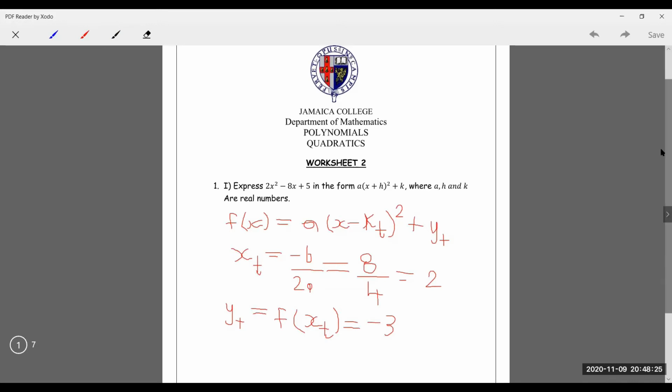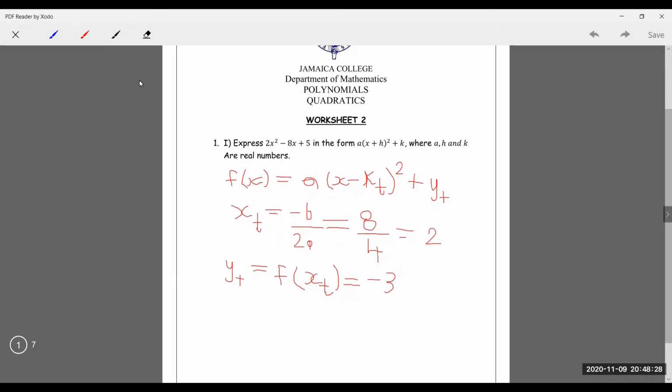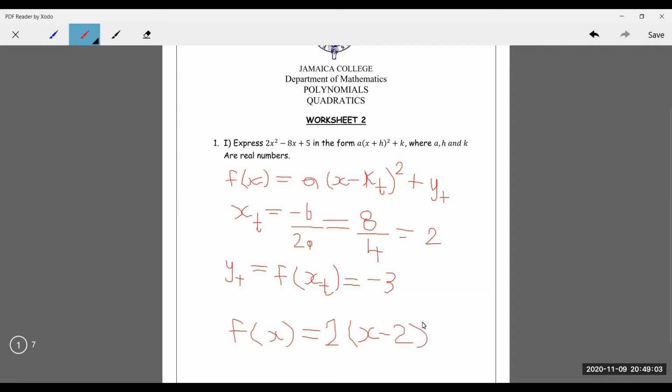All right, so now I can complete the square finally. I can write f of x in that form. f of x is a times, where a is the coefficient of your x squared term, which is 2. So it's 2 times, in brackets, x minus xt, where xt is 2, so f of x is 2 times (x minus 2) squared plus yt.